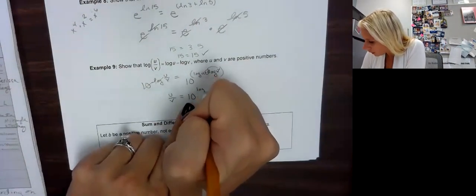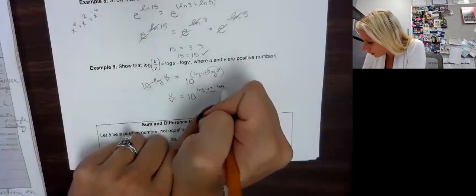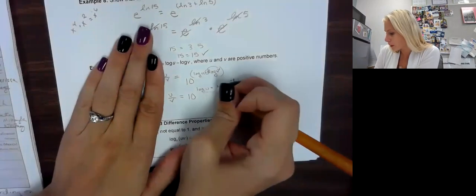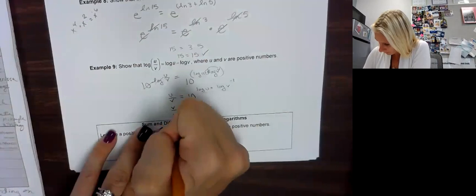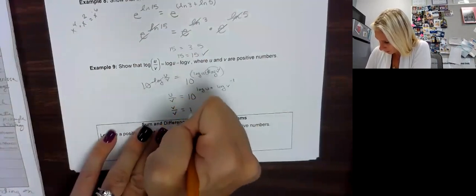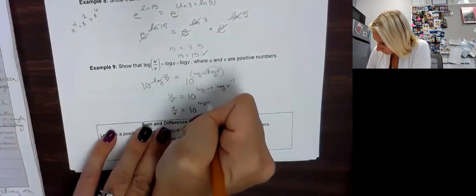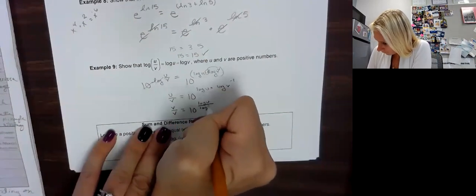So, right now, think of this as log u times log v to the -1. Now, negative exponents, where can we make them positive? Well, we put them in the denominator. So right now I have log u all over log v.